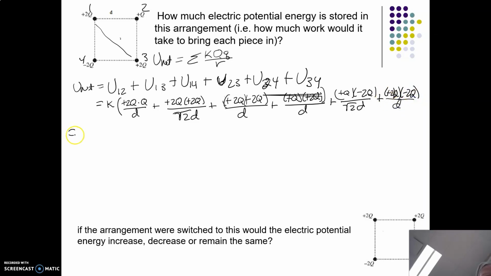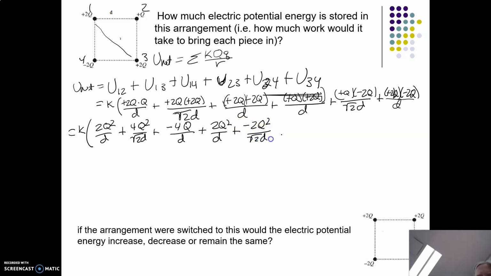Okay, so that gives us 2Q squared over d, plus 4Q squared over root 2 d, plus a negative 4Q squared over d. That's from this pair over here. And then plus we have our 2Q squared over d, plus our negative 2Q squared over root 2 d.